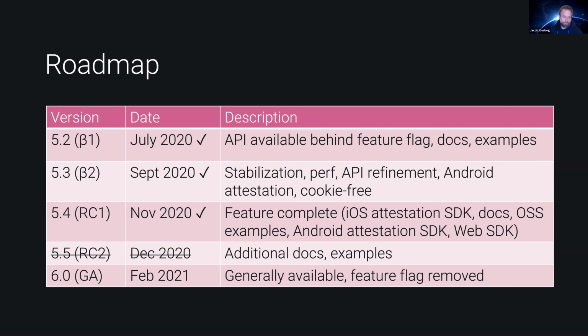So we will not release the 5.5 RC2, but instead we will ship additional docs and examples in between 5.4 and 6.0 on our website. So keep an eye out for that in the resources sections, as we usually publish guides there. 6.0, the GA release of the Hypermedia Authentication API and these SDKs, is still planned for February. And it will contain what you've seen now.